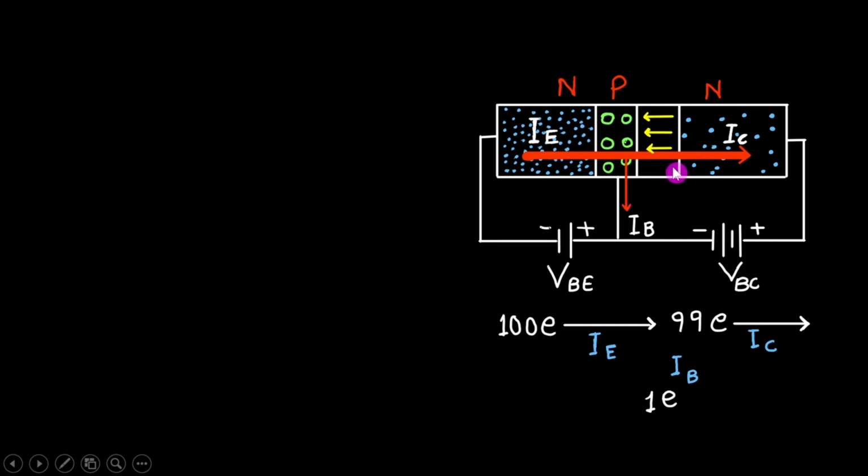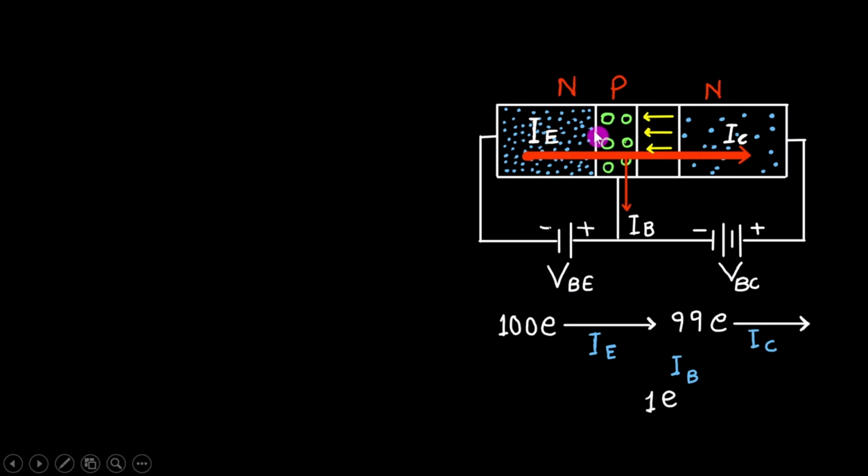So the emitter to base junction will be forward biased, and the base collector junction will be reverse biased. By forward bias I mean that if we connect the negative terminal of the battery with the N-type semiconductor material and the positive terminal with the P-type semiconductor material, then this arrangement is called forward biasing.